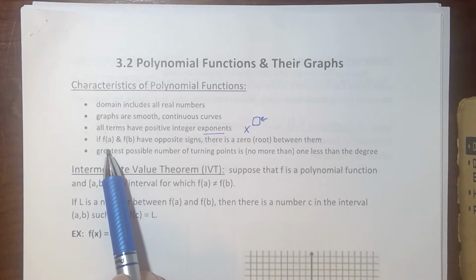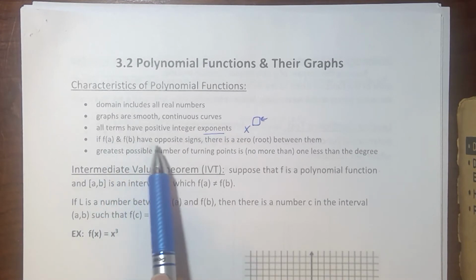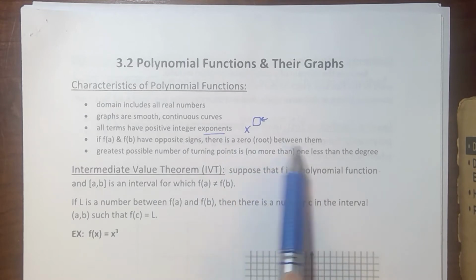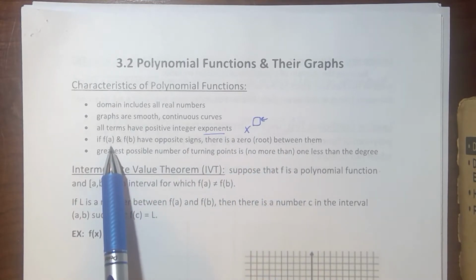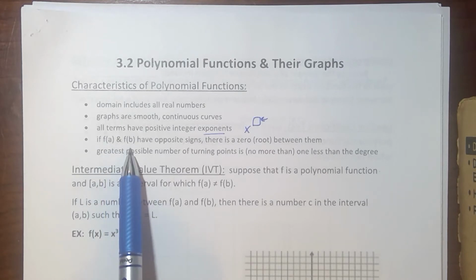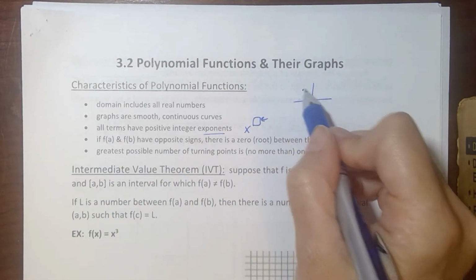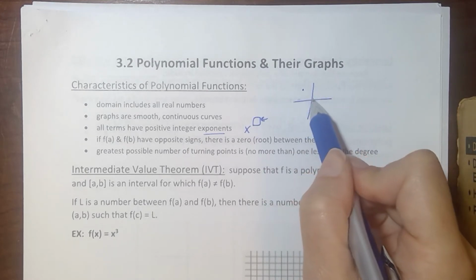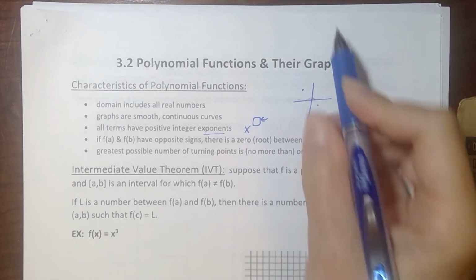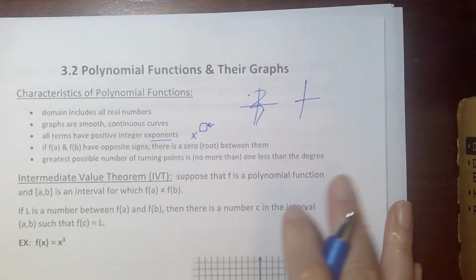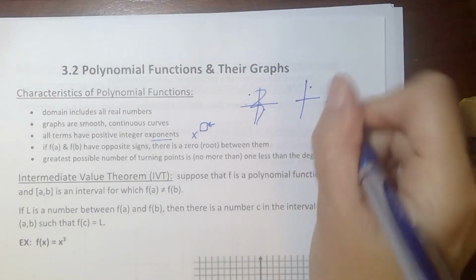The next step, if f of a and f of b have opposite signs, then there is a root, a 0, between them. So basically, if I plug in some value for a and I get out 4, and then I plug in another value for b and I get out -2, well, when I go from 4 to -2, I have to cross the x-axis, agreed? And it doesn't have to be, let's redo that graph. Let's say that I got 4 for this point and -2 for this point.